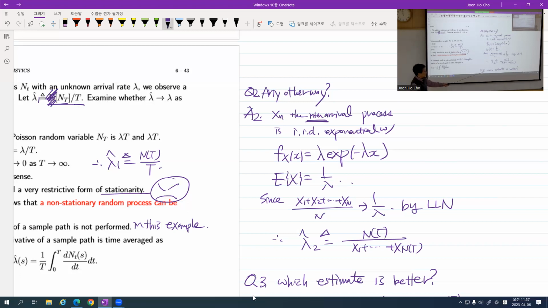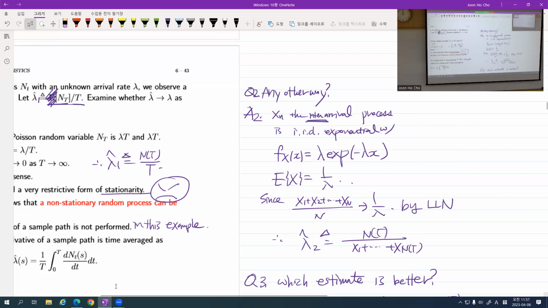But the question is, which estimate is better? Given a short period, you want to estimate better so that your decision is better made. That kind of thing is very important, but I'm not going to talk about that today, probably in the midterm.